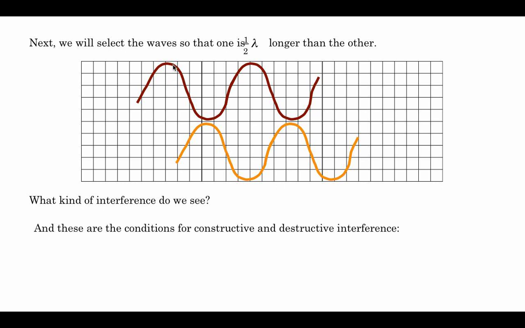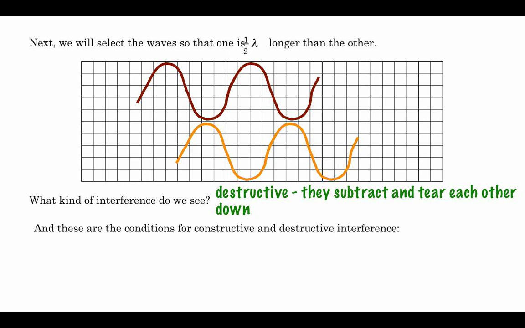And if I was to add up this amplitude, this amplitude, this amplitude, this amplitude, and I was to go down and add up all of these amplitudes, of course, what do these waves do? They cancel each other out. So this is completely destructive interference. They subtract each other and basically level each other out, so we've got 0. And so these are our 2 cases, or our 2 conditions for perfectly constructive and perfectly destructive interference, and here they are.